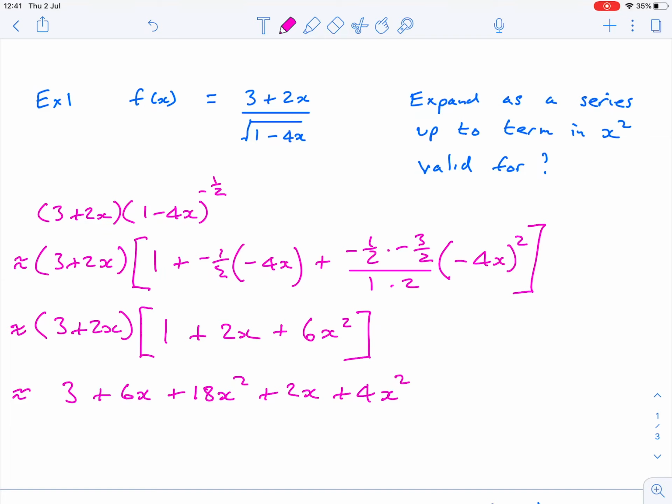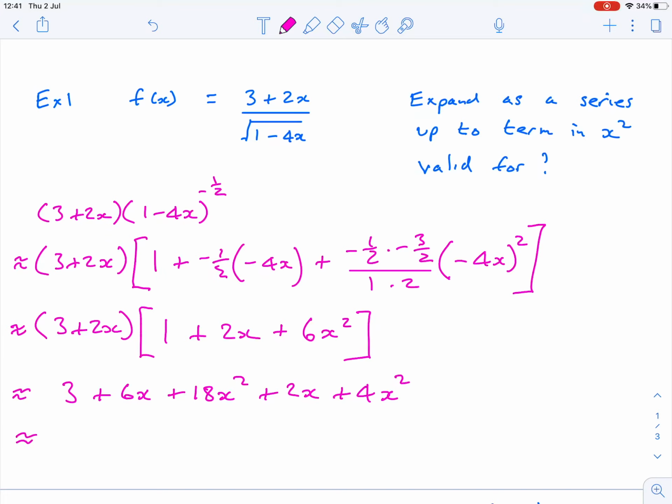There would be other x cubes. If I had gone to the next term, the 3 at the very front would have been multiplied by that, so 12x cubed wouldn't be the right amount of x cubes if I just put it in now. So stop when we get to x squared.